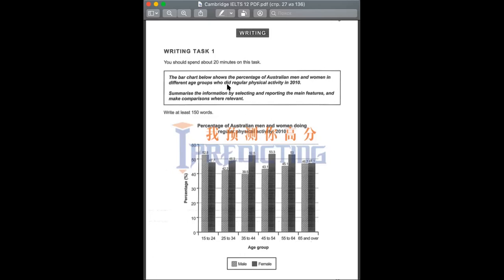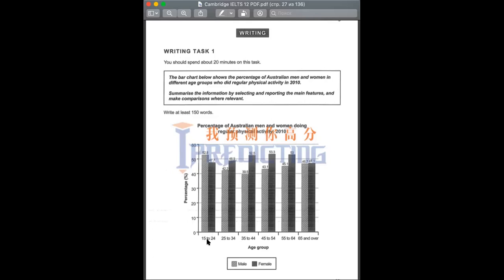Who did regular physical activity in 2010? So kind of easy. It means that 52.8% of men in this age group did physical activity in Australia, and in this same age group, 47.7% of women did exercise.